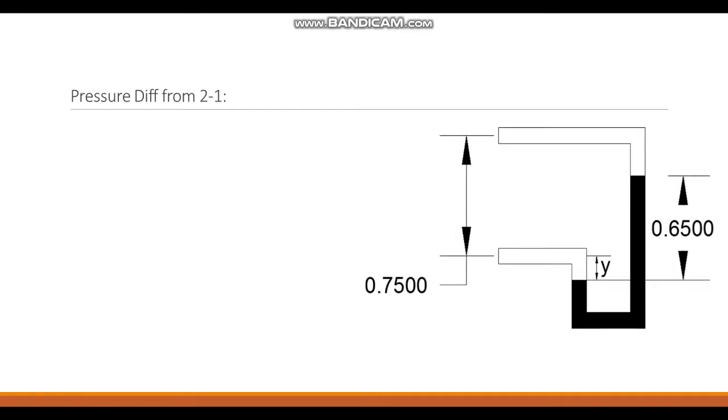To solve for the pressure difference, we'll be summing up pressure heads from the throat to inlet using the manometer tubes by adding pressure heads going down while subtracting when going up.